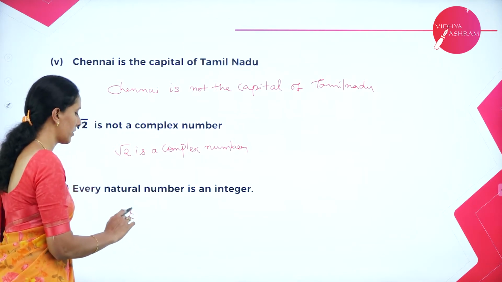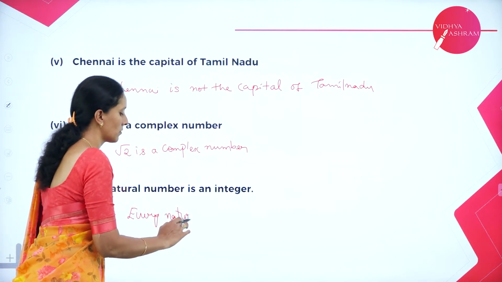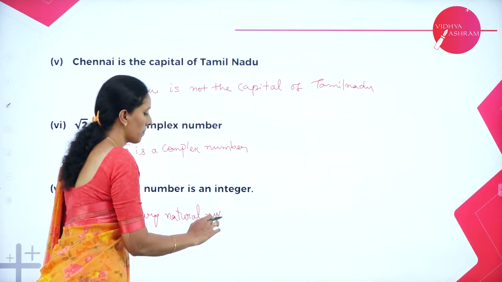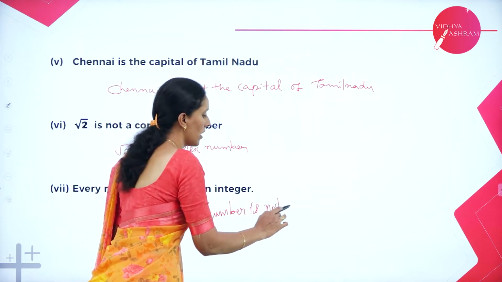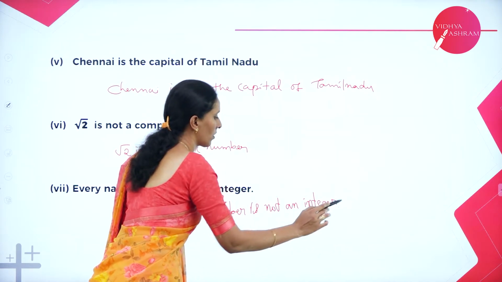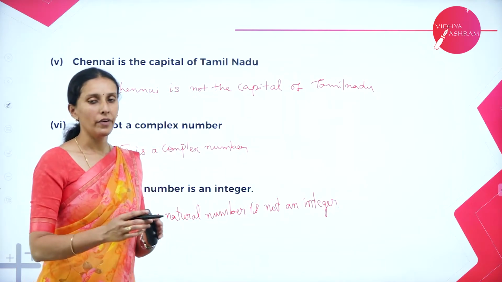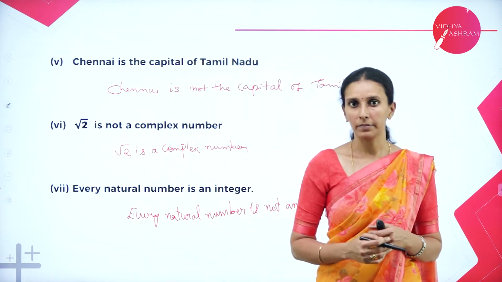So we write every natural number is not an integer. So these are a few examples of how we can negate a given statement.